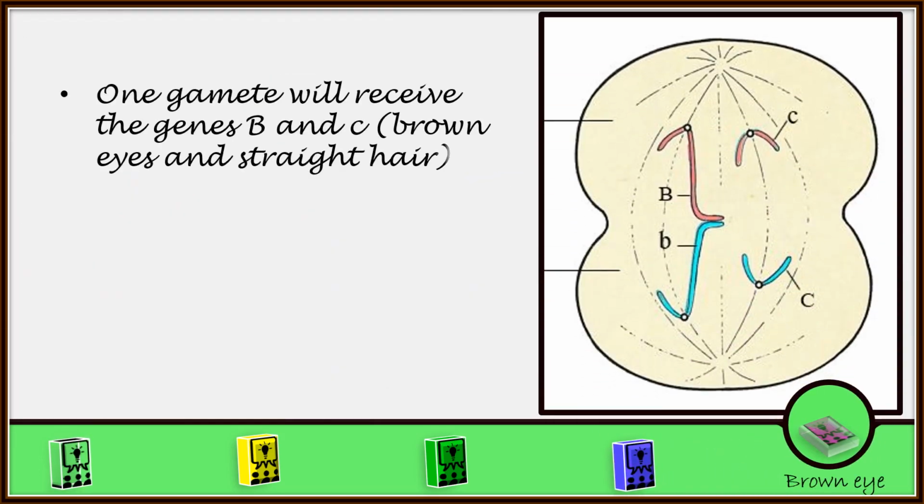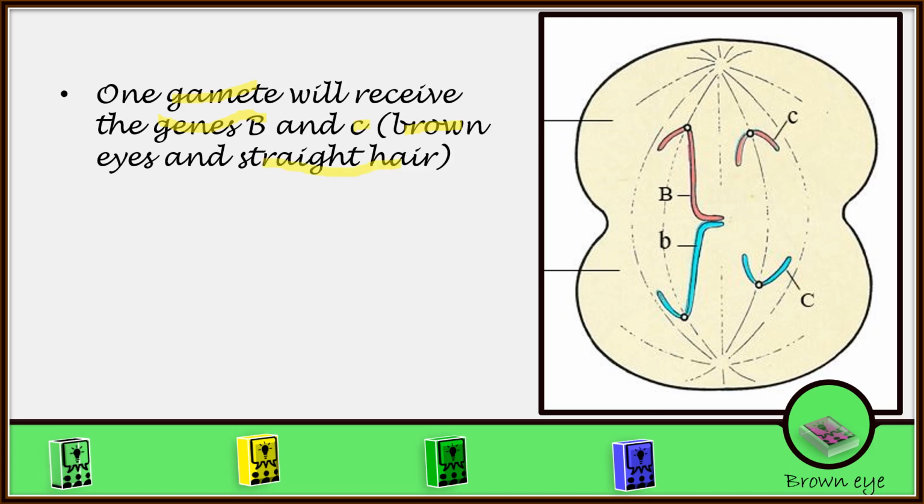Now, one gamete will receive the gene B, capital B, and c, small c, which is brown eyes and straight hair.